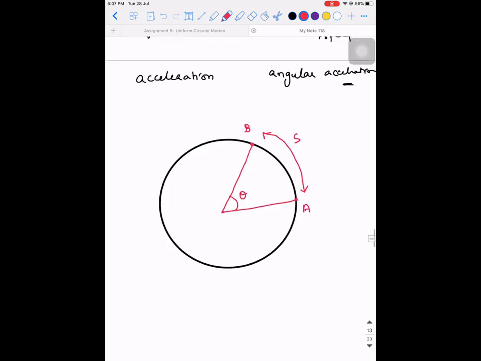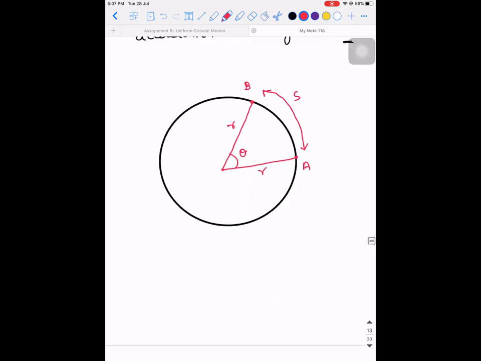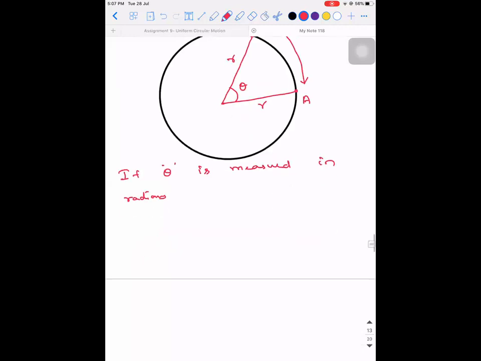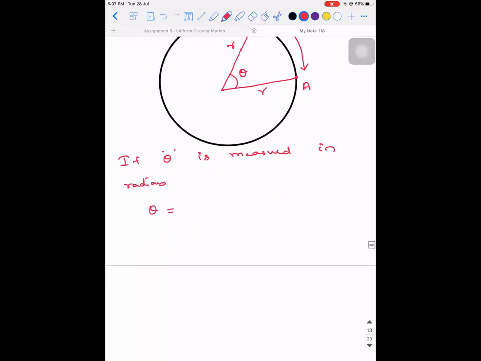Now tell me one thing. I am taking the radius of the circular path to be R. If theta is measured in radians, what is the basic definition of theta? So recollect the definition of radian.